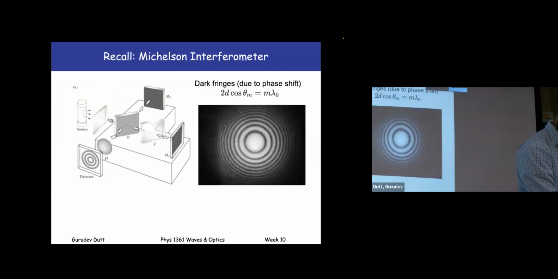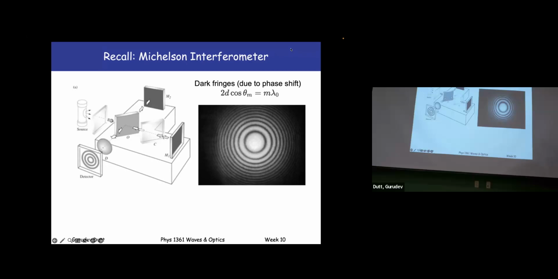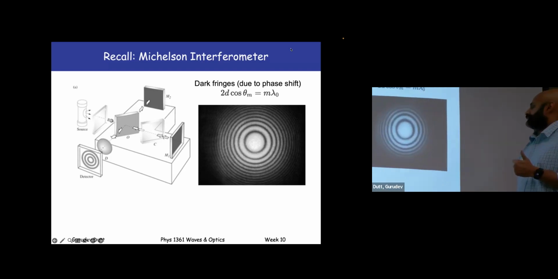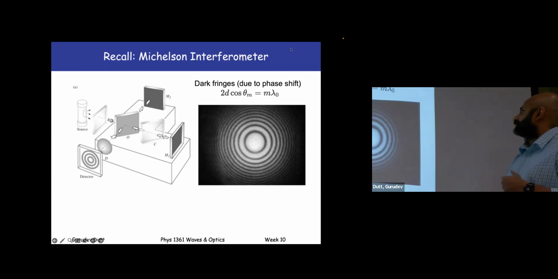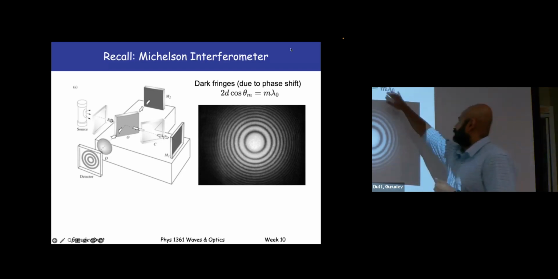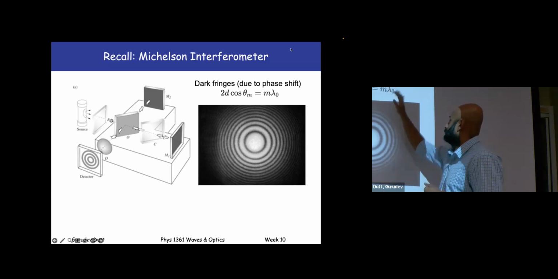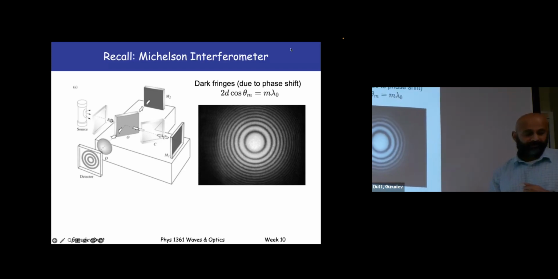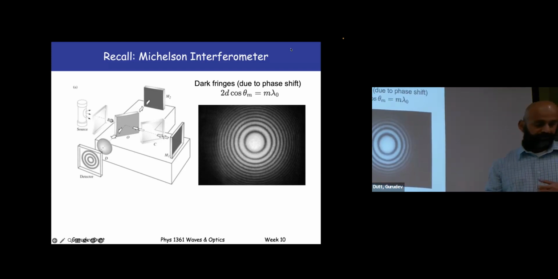All right, let's talk about interferometers. We already covered the Michelson interferometer in the last class, and we said that there are dark fringes at the center due to the phase shift when there's one internal and one external reflection in the partially silvered mirror, and we saw that that means that we get dark fringes where usually we would have got bright fringes with m lambda naught, m being the order of the fringe.